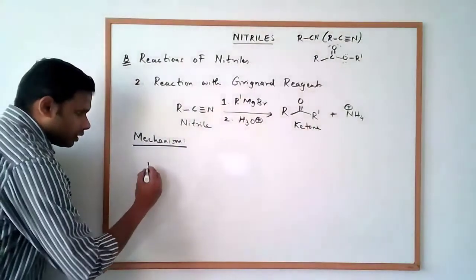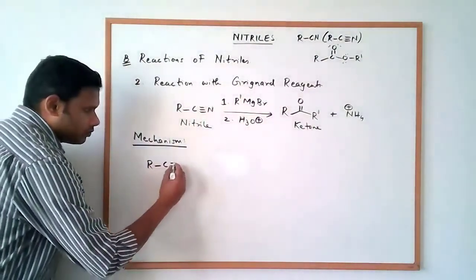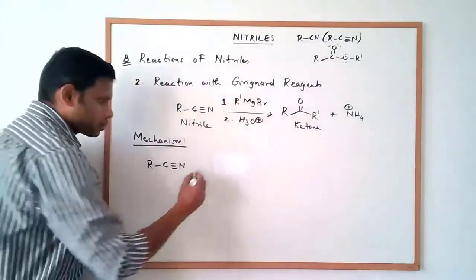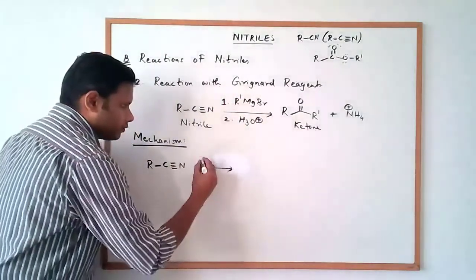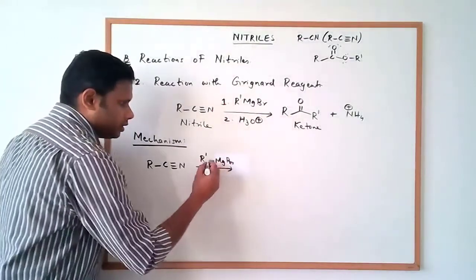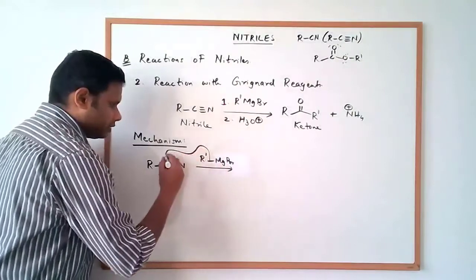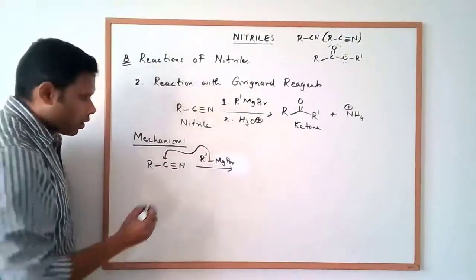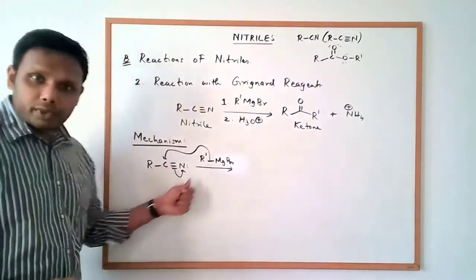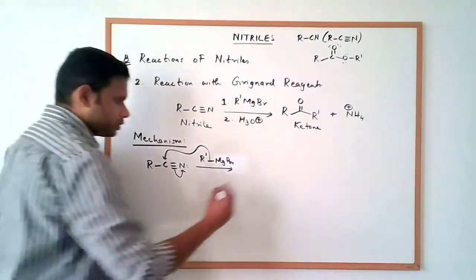Now, like any other reaction involving the nitrile, the Grignard, which is a strong nucleophile, the first step here is going to be the attack by the Grignard reagent on the nitrile carbon. And this would open up one of the pi bonds here.